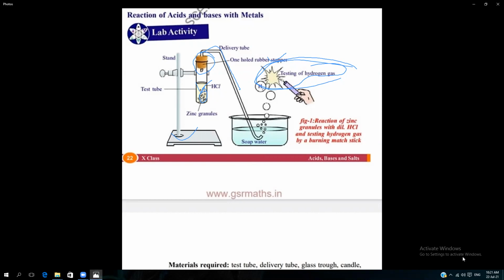When we conduct this experiment, we will find out which gas is released when zinc granules and dilute hydrochloric acid react together. We don't know that yet, so we have to find out which gas is released.